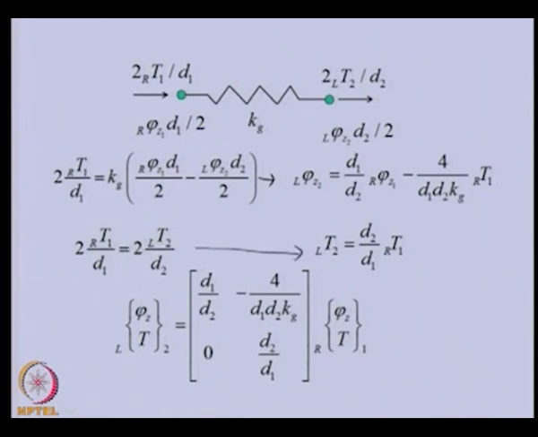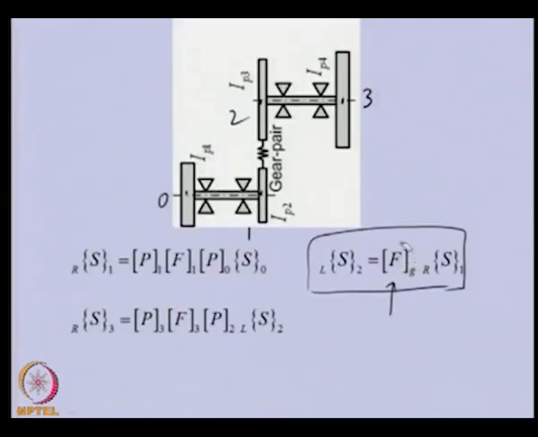Now you can see we have related the state vector left of 2 and the other, right of 1. So these two equations, 1 and 2, we can combine in this form, in which this is the state vector left of 2 and this is the state vector right of 1, and this is the required F matrix for the gear which we were interested in obtaining.